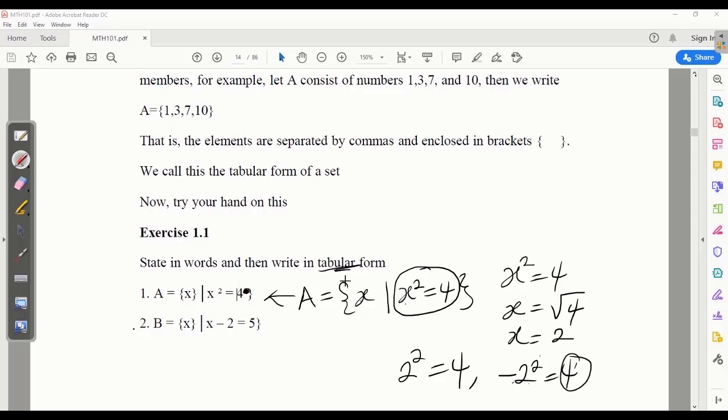So with this, we can say A, in tabular form, A is equal to minus 2, 2. Remember, minus plus 2 is the same thing as 2. When you have to do with plus, you don't have to put the sign. So this is the solution for this in tabular form.